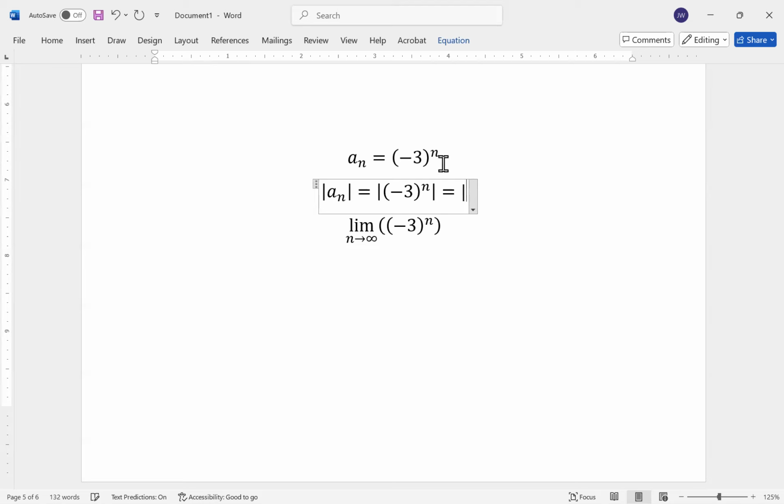You've got to be careful when you factor though. It factors into -1 to the n multiplied times 3 to the n, since -3 is just -1 times 3. But both of them have to have the exponent of n. So basically what we get is 3 to the nth power.